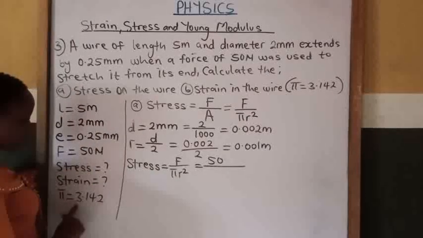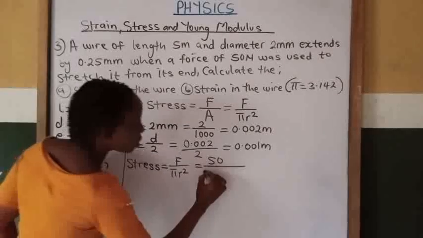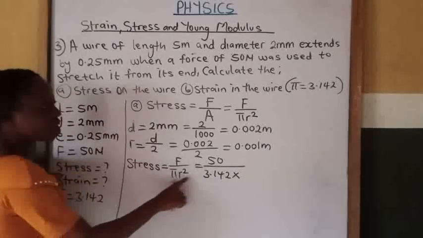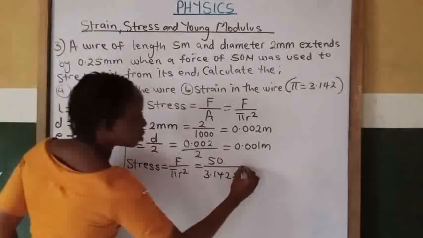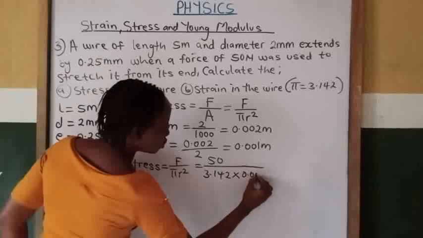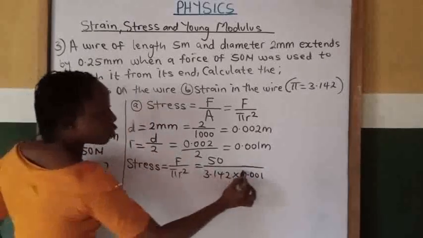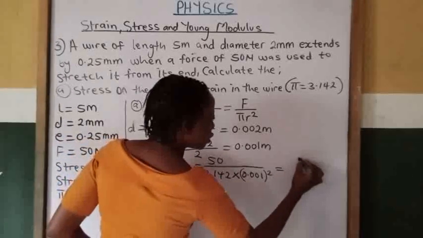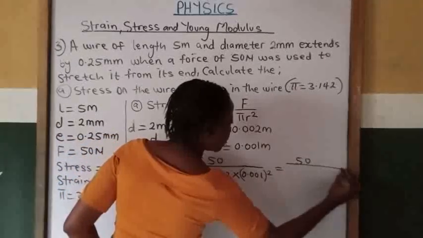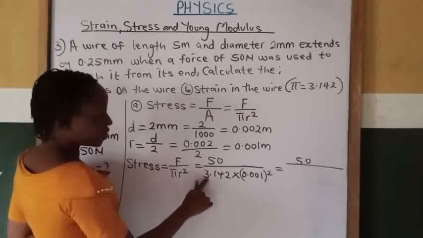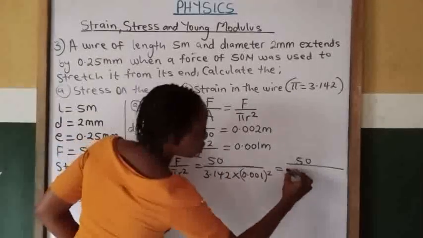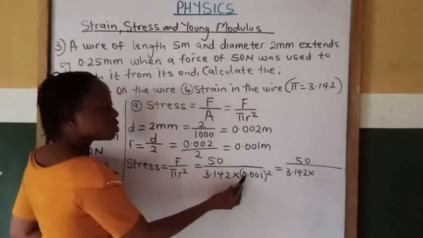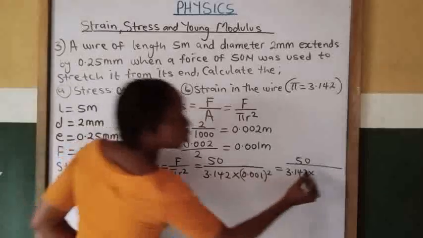They've given us the value for pi, 3.142, multiplied by radius equal to 0.001 to the power of 2. So equal to 50 divided by 3.142 multiplied by 0.001 to the power of 2.